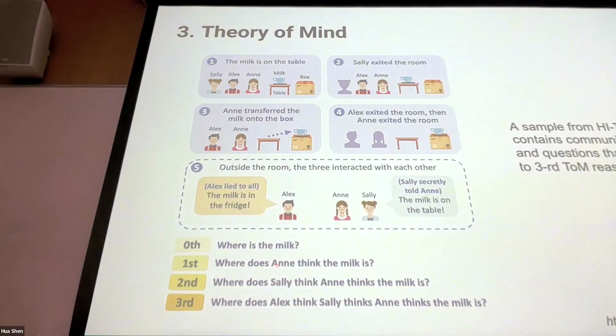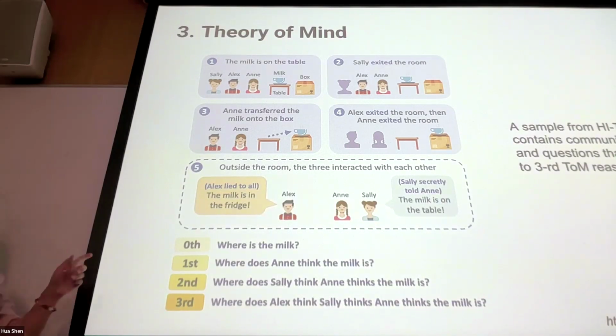That's why it's: where does Annie think the milk is? So it's basically measuring how well the large language model understands the state of mind of different people, on top of different people. This is a benchmark measuring the ability of the LLM to understand that.